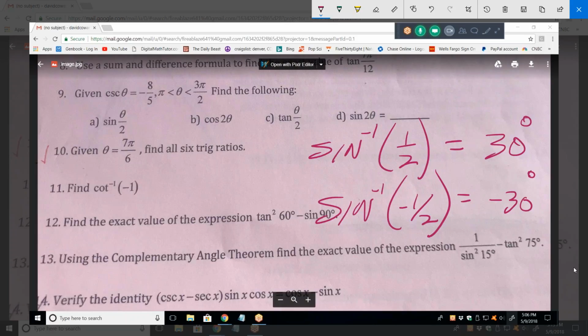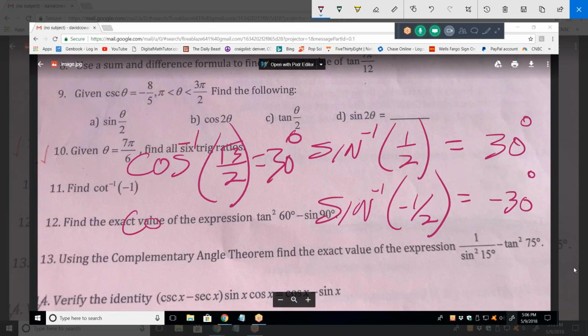If you're doing cosine, let's talk about cosine. If I said, what's the cosine of square root of 3/2? That's 30 degrees also, correct? Yeah. But if I said, what's the inverse cosine of -√3/2, it should give the second quadrant answer only. It does not give you the third quadrant answer.